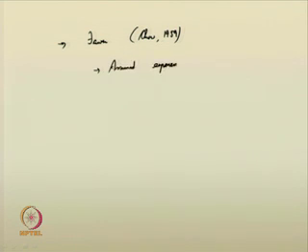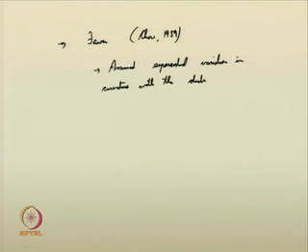Another theory was suggested by Favre, which is also described in Ven Te Chow's book. It assumed an exponential variation in curvature with the distance from the channel bed.